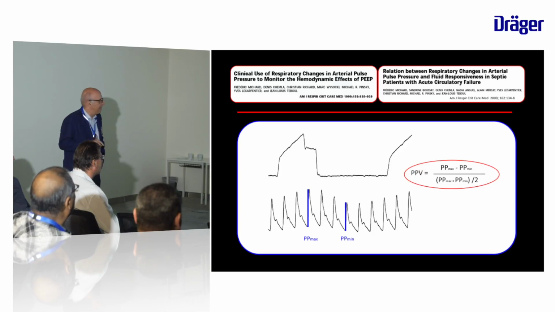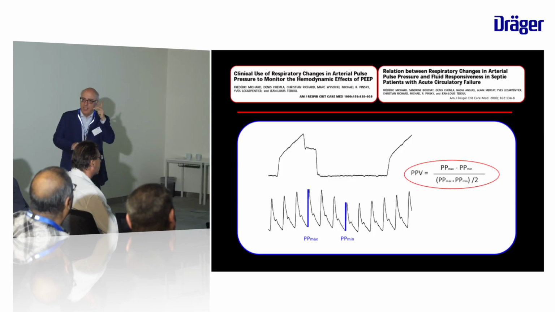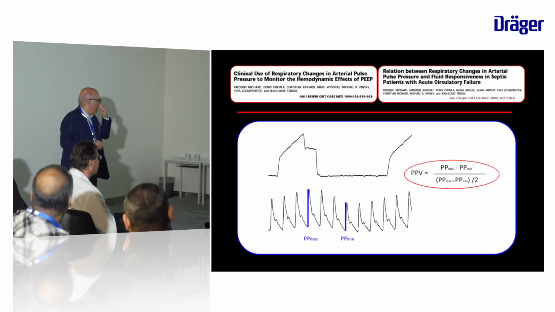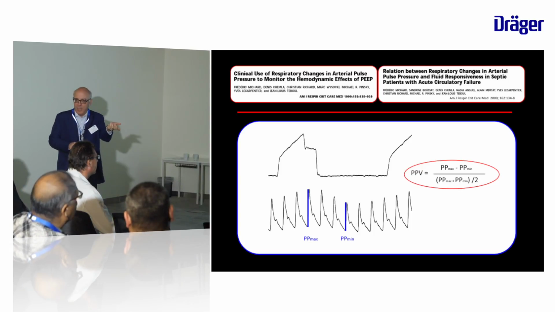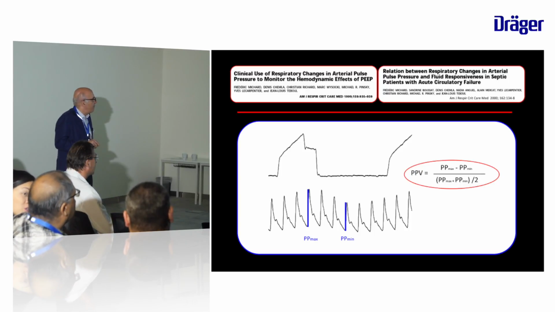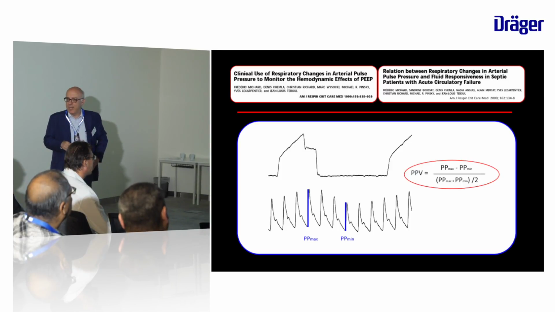Now I show you why. Because it's the opposite when you are in spontaneous ventilation. In spontaneous ventilation, you have the minimal during inspiration and the maximum during expiration. In controlled mechanical ventilation it is the opposite. And you have the PP max minus PP min divided by the average. This is the so-called pulse pressure variation, okay?